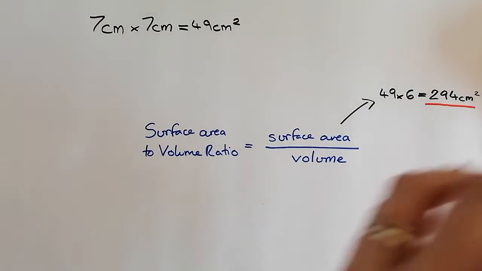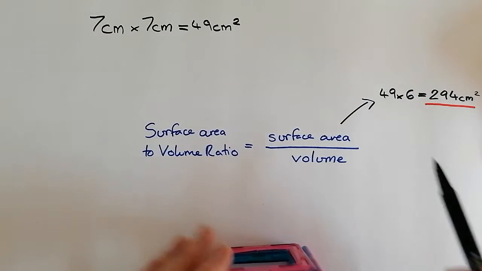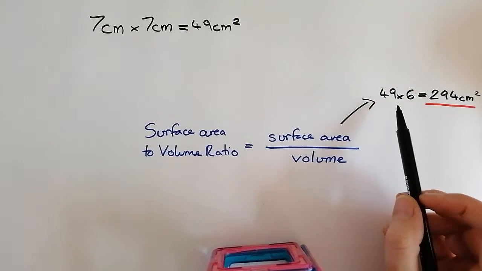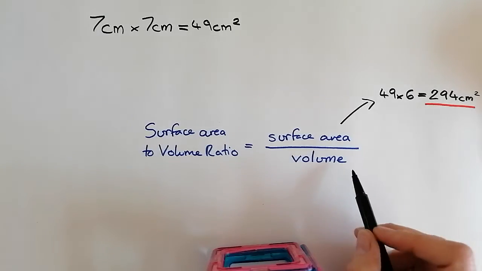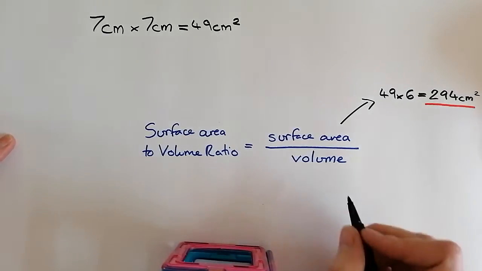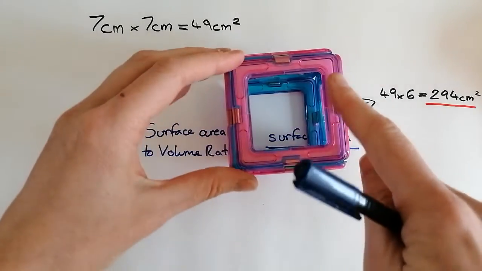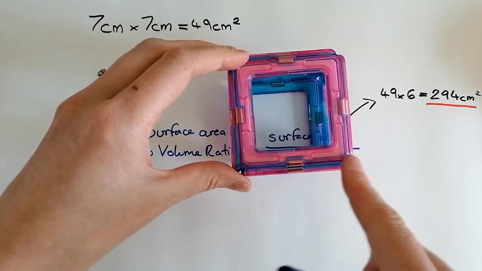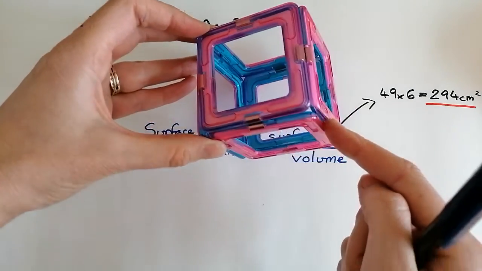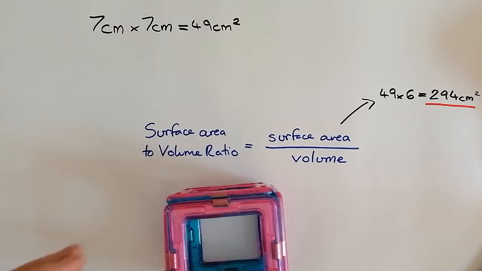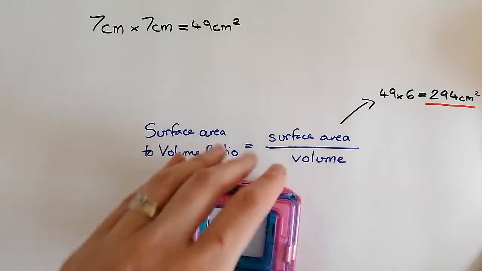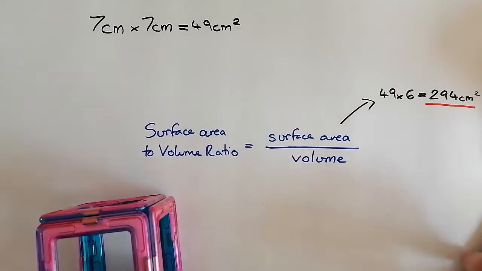To work out the surface area, you do 6 times the surface of one square. To work out the volume, this one's quite easy. It's that number, by that number, by that number. You can measure it again if you want to, but it's still going to be 7.